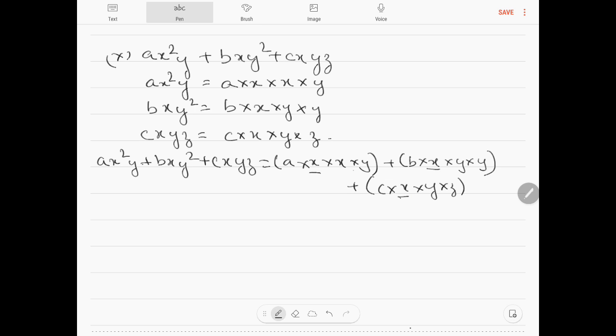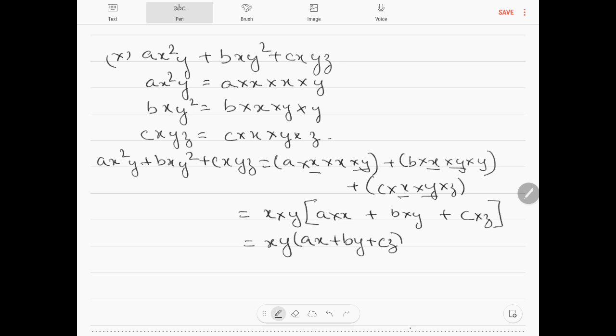Taking x in common, taking y in common, x into y, this will be a into x plus b into y plus c into z, which is equal to xy into ax plus by plus cz.